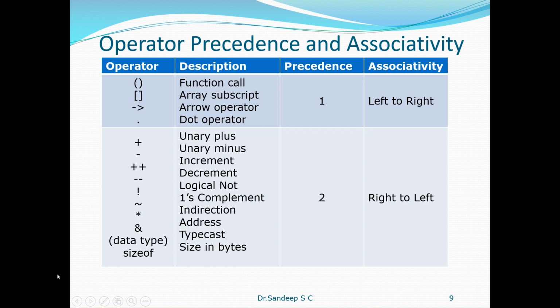If we have an instruction with this operator and this operator, then first this operator is evaluated and then this operator. That's what precedence means. The lower the number for the precedence, the higher the priority. But these operators are evaluated from right to left.